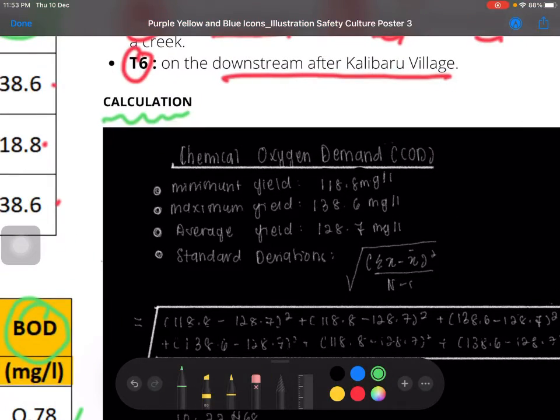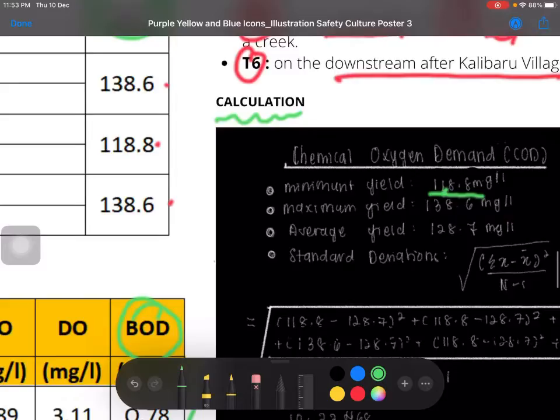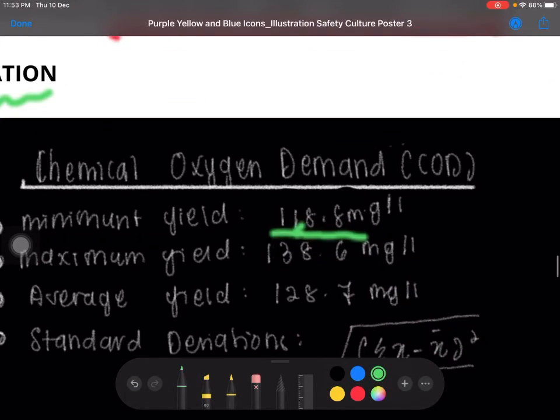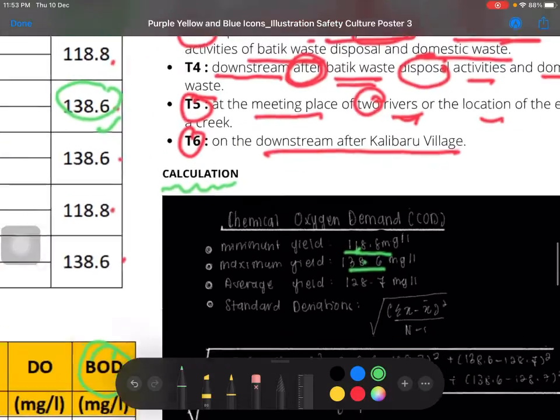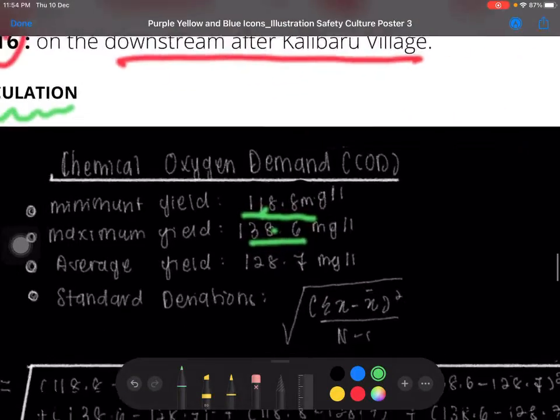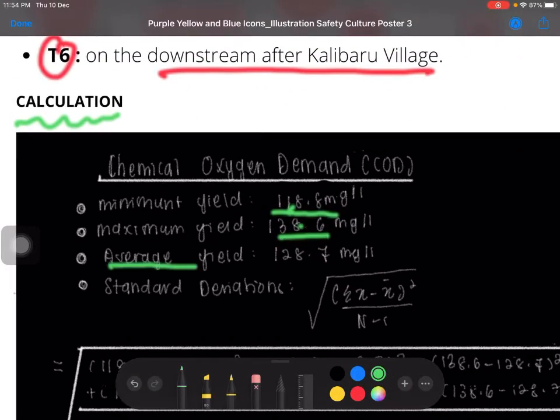The minimum is 118.8, which we can get from the table, this one and this one, and 138.6 is the maximum, because as you can see, the COD trend only has 2 values, which are 118.8 or 138.6.